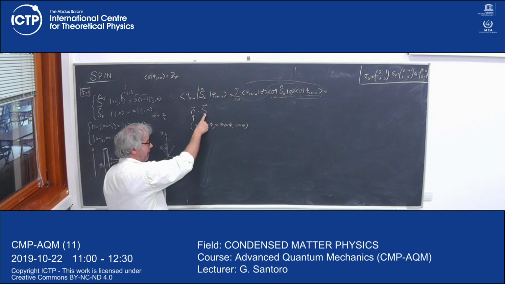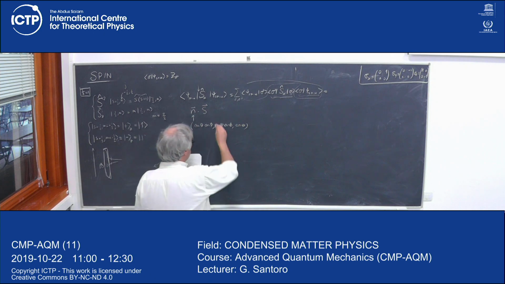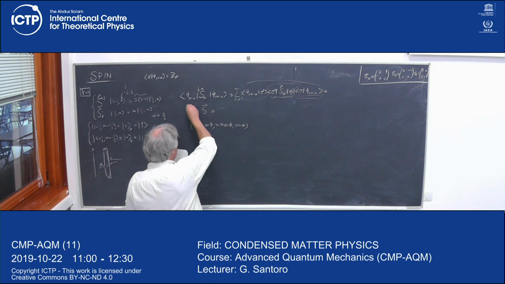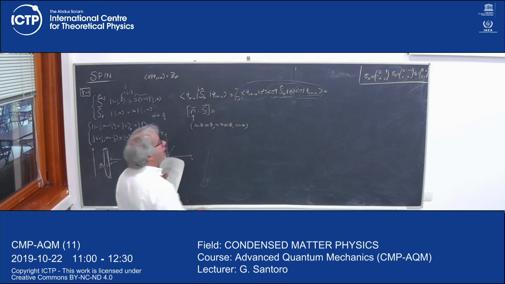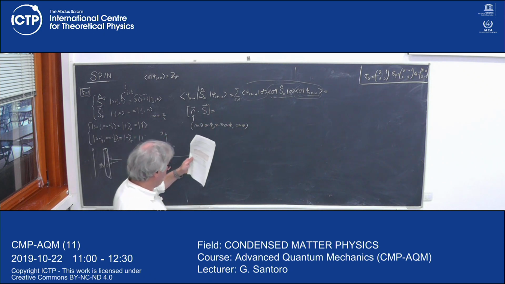These are the three elements of the spin operator. If you calculate the element in the 2x2 representation, you would obtain the following thing.